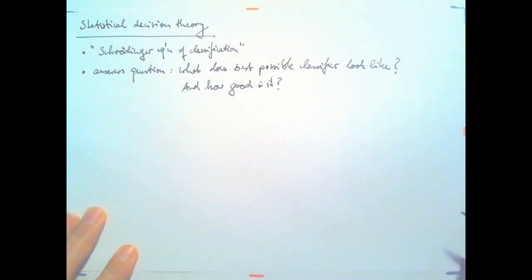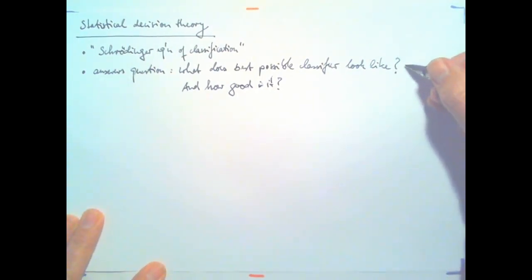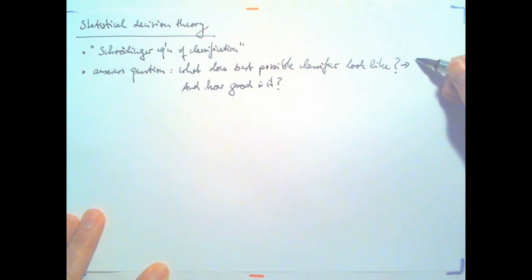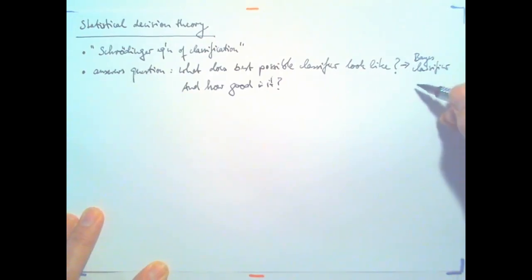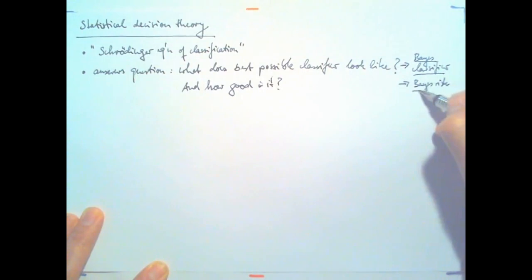And the answers to those questions, to honor Bayes, whose theorem I've just shown, are called the Bayes classifier and the Bayes risk. And again, these are technical terms.